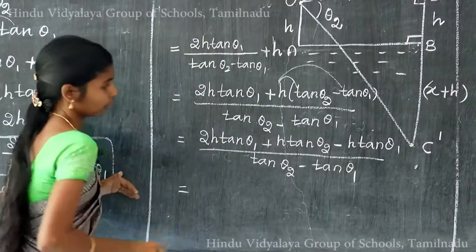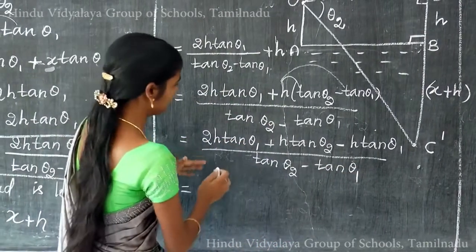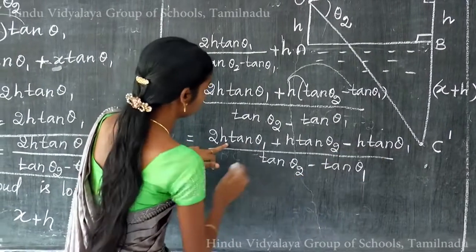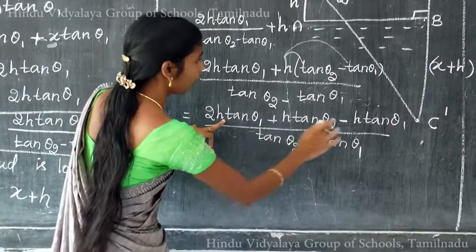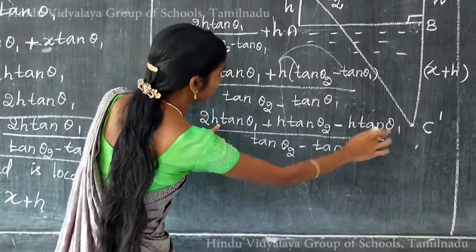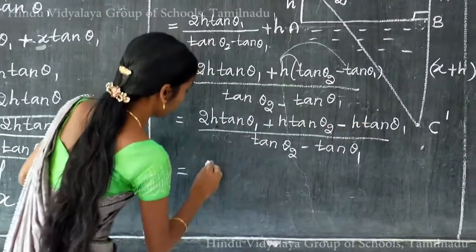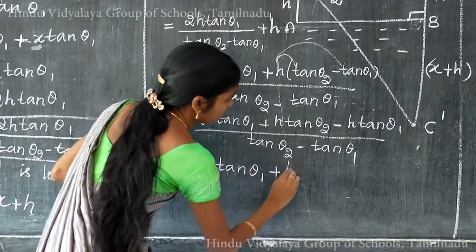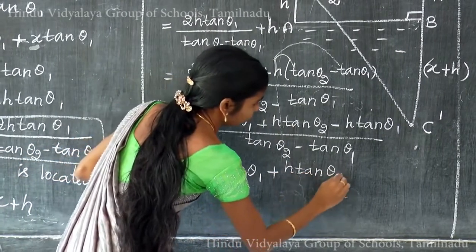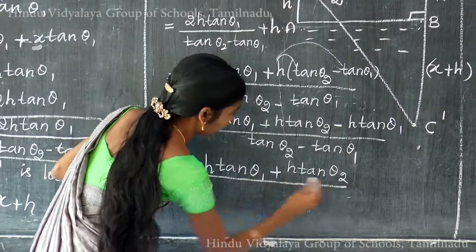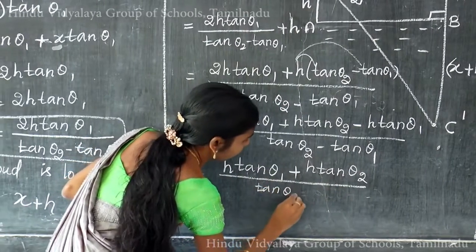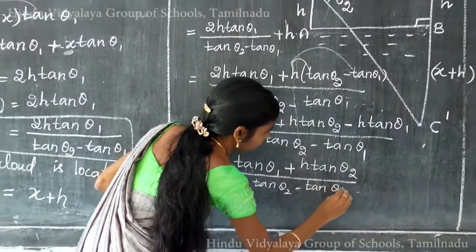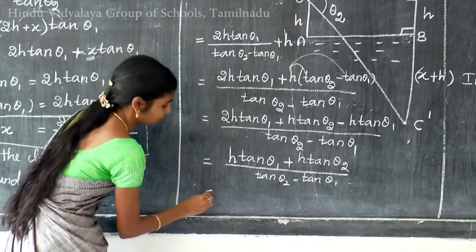Now grouping the like terms, that is h and tan theta terms. So 2h tan theta 1 minus 1h tan theta 1. So 2 minus 1, 1. So 1h tan theta 1 plus h tan theta 2. This is divided by tan theta 2 minus tan theta 1. Take h outside.